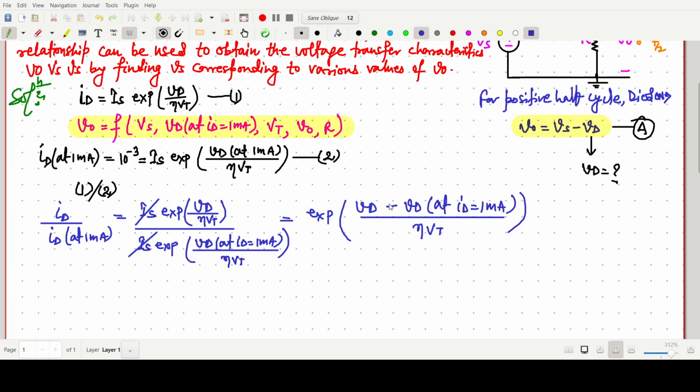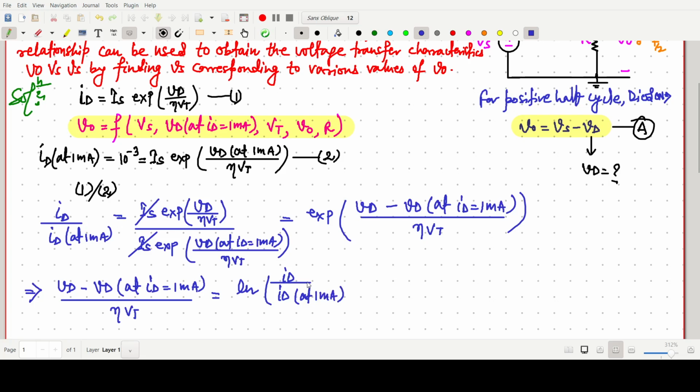So what we can do now is write Vd minus Vd at Id equals 1 milliampere, divided by eta Vt, equals ln Id by Id at 1 milliampere. We can write at 1 milliampere, or at Id 1 milliampere.